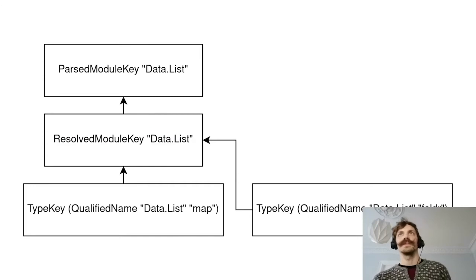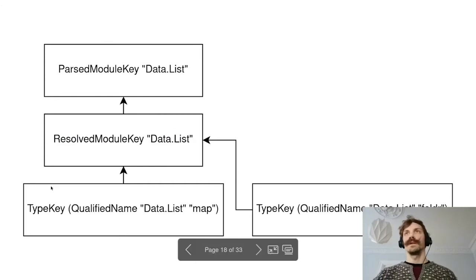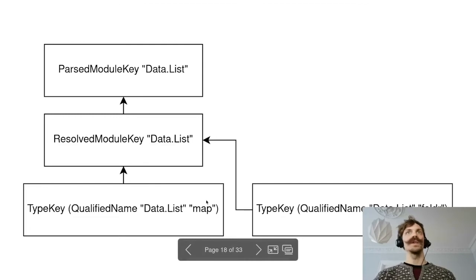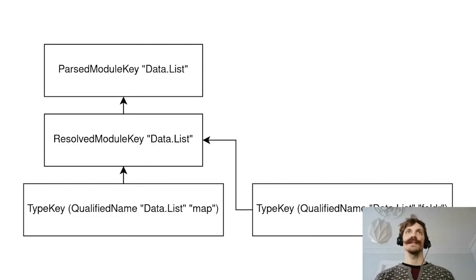So returning to this query graph and assuming that we have run all of these queries once and then made some changes to some module, and then we run the queries again. How do we know if we can reuse the old results? Well, we have to check. So for each query we keep track of their dependencies and the values.